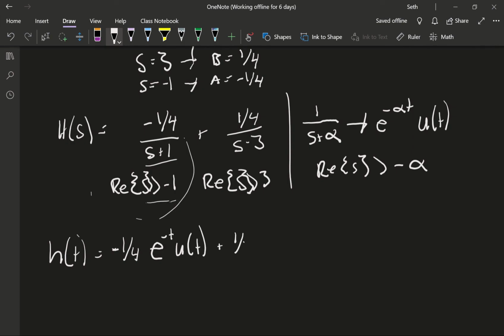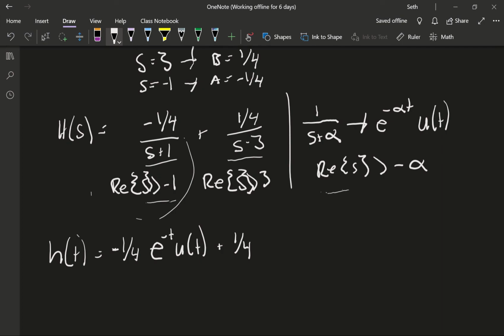Plus 1/4, and alpha here would be -3, and the real part of s, we take it over here, we would have real part of s is greater than -3, so the real part of s is greater than +3.